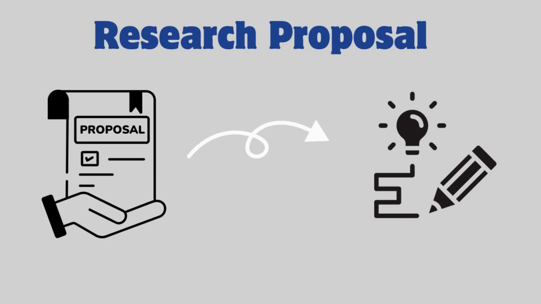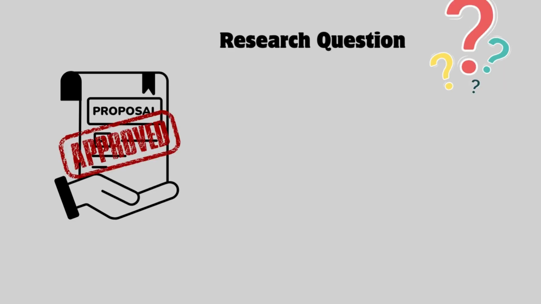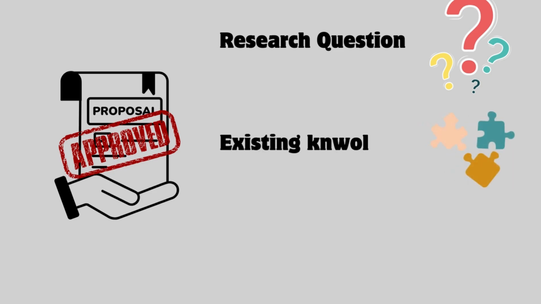So, why do we do a research proposal? First, it helps us define the research question that will be our focus and what the research process will do to follow the research question. Second, it's a tool to obtain approval from multiple committees like ethical committees or requests for grants. Third, it needs to show that your work fits into existing knowledge on the topic.